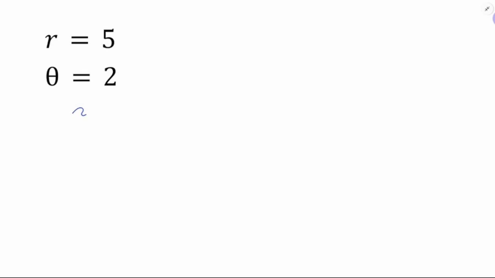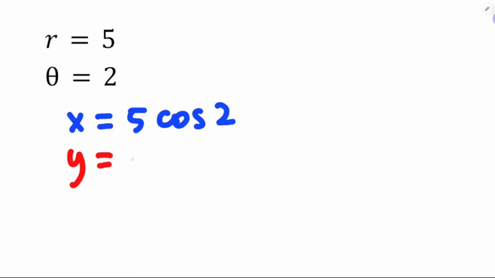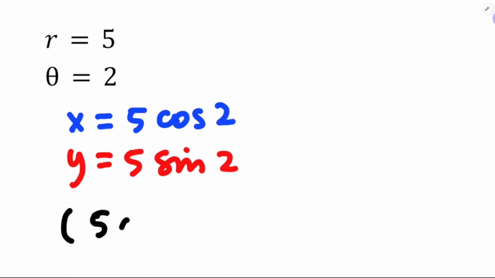Because in a multiple choice situation like this, you're just going to have to know that x equals 5 cosine of 2 and y equals 5 sine of 2, and there's nothing more that we can do with that because we don't have any special right triangles that correspond to 2 radians. Okay, so that's as much as we're going to be able to say about this point. We could put it as a coordinate pair, 5 cosine of 2 and 5 sine 2, but that's all we're going to be able to do.